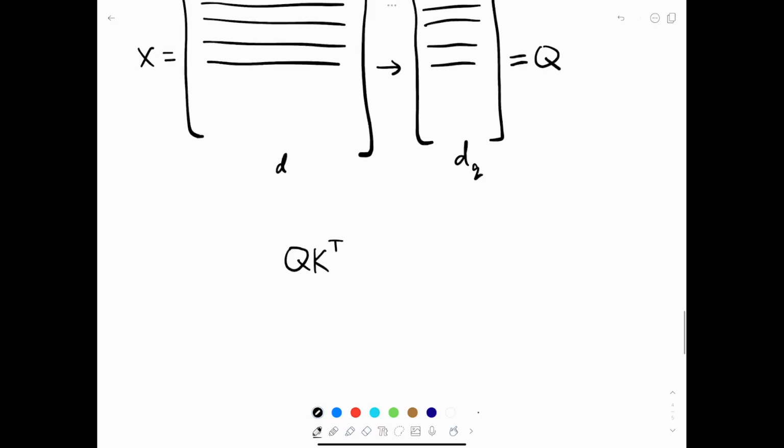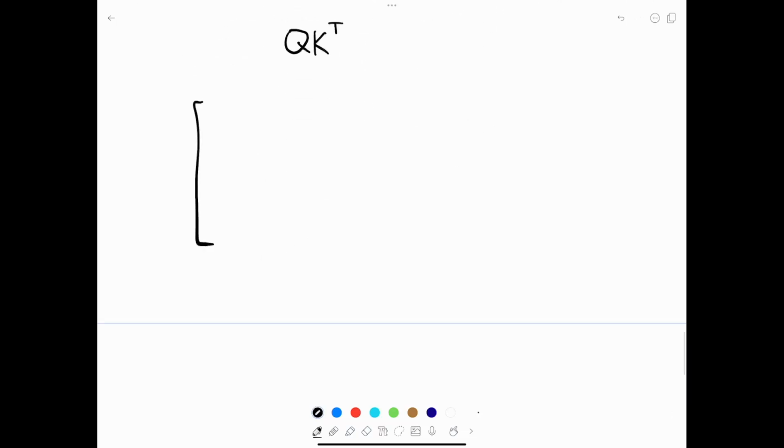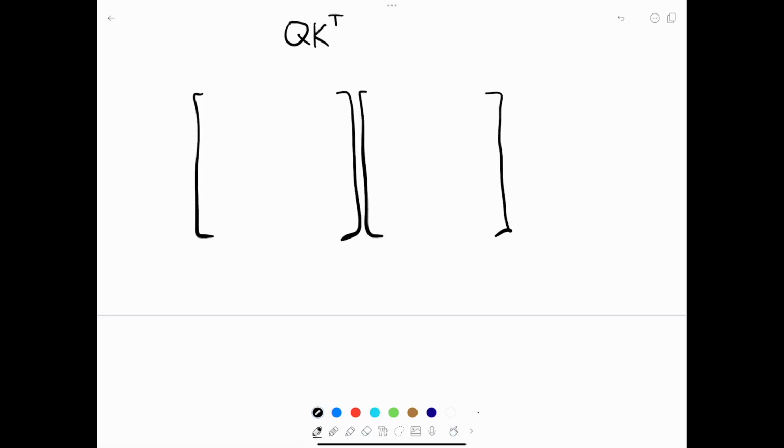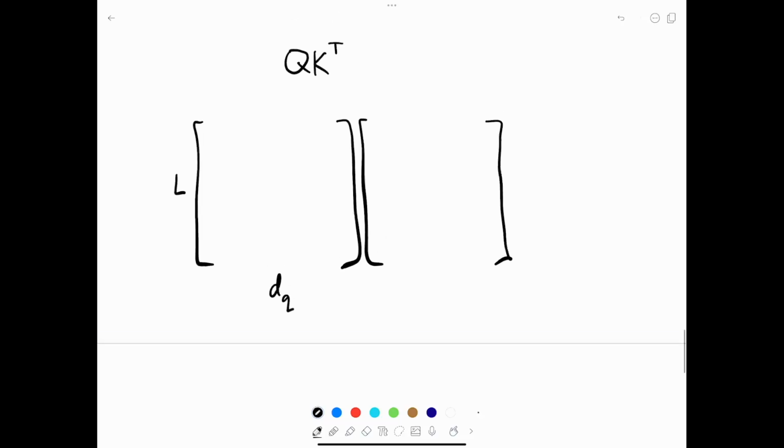So what does this do? Let's consider Q, and let's consider K. So Q has a dimensionality of L by dq. And K has a dimensionality of L by dk.